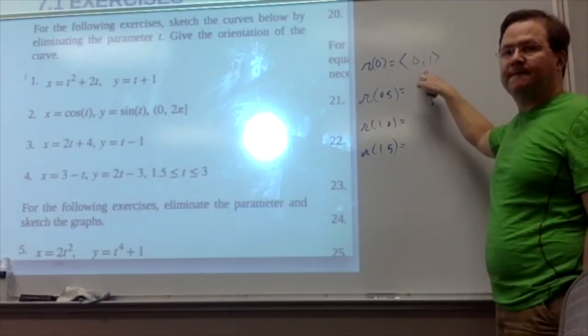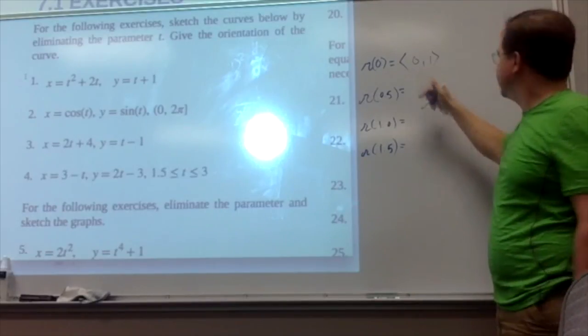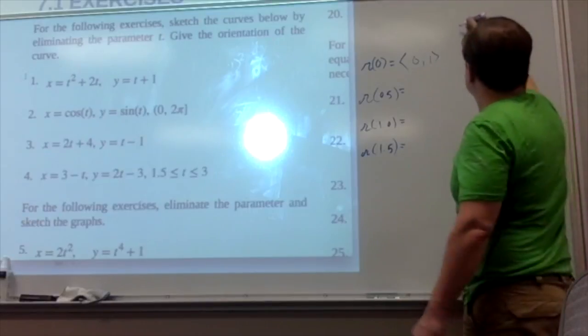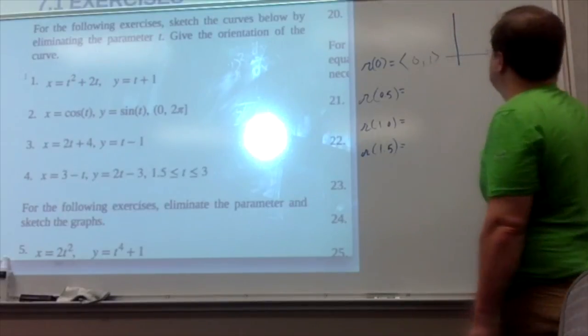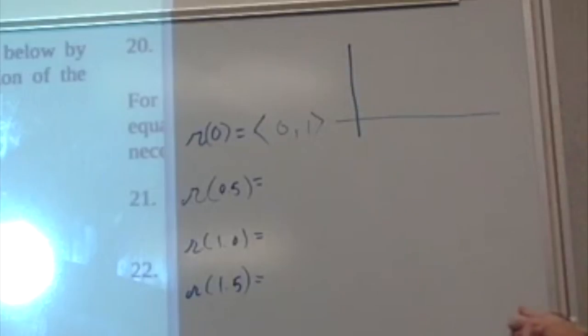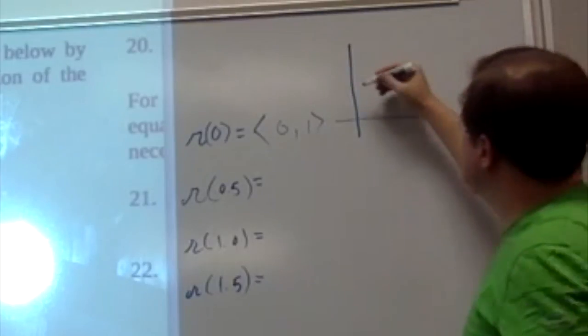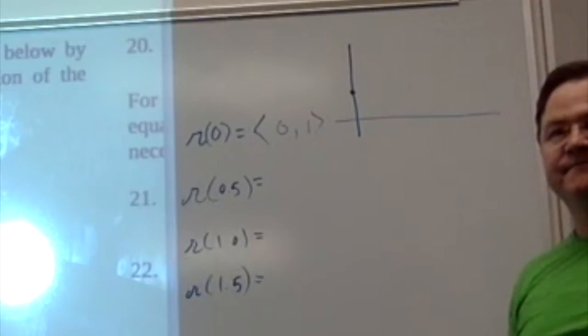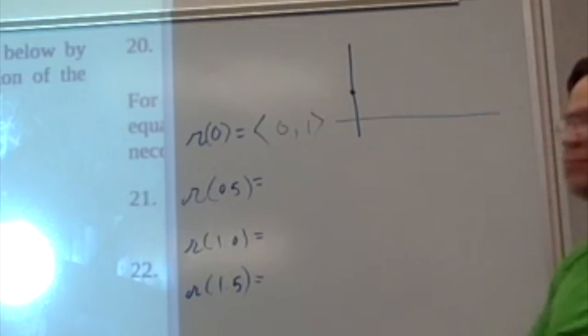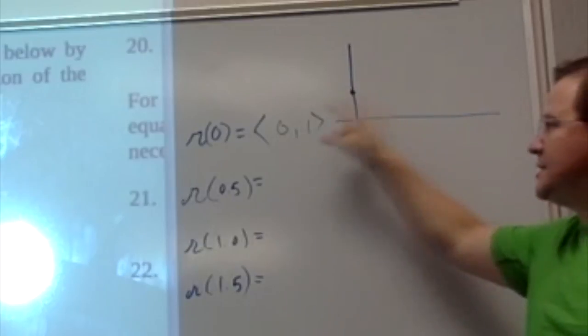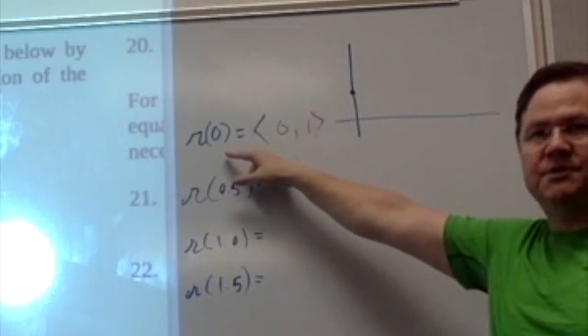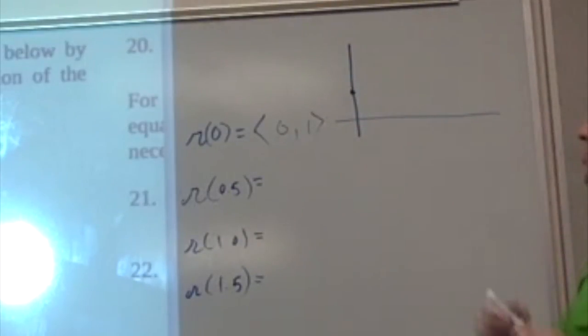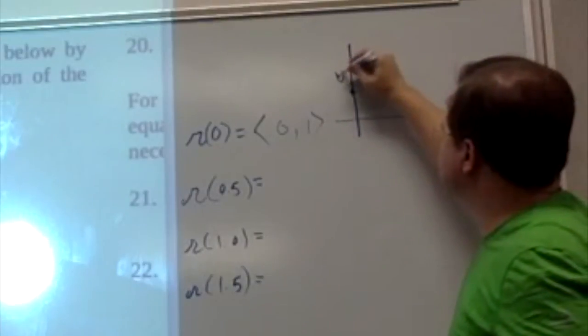I can now see that this is a point on the curve, and furthermore, it's the point that corresponds to t equals 0. I usually won't label it, but just for clarity, I'll say t equals 0 right here.